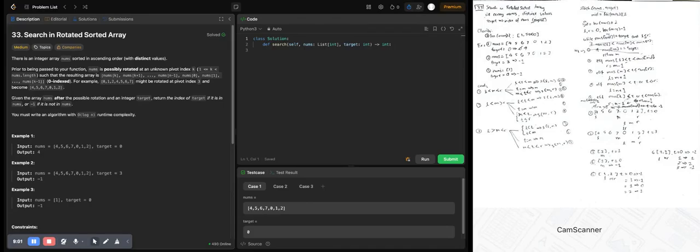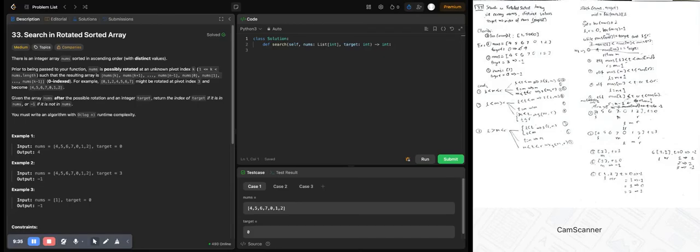The output is -1 because we don't find it in the nums. Third example, we have 1. Target is 1. No, target is 0. Now we return -1.